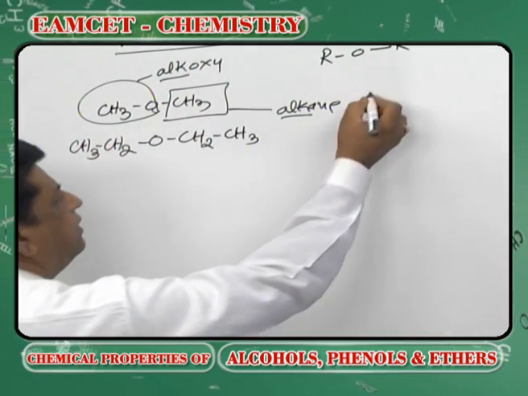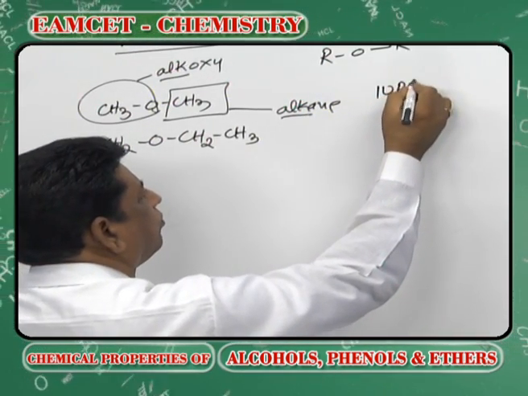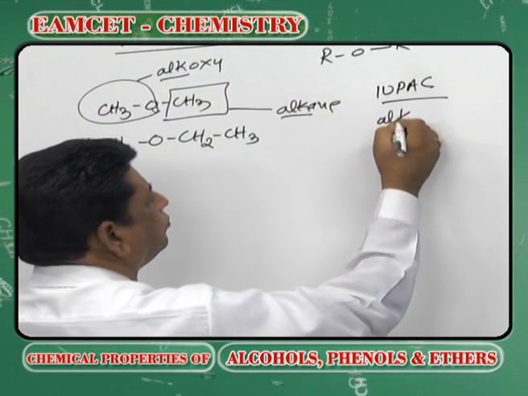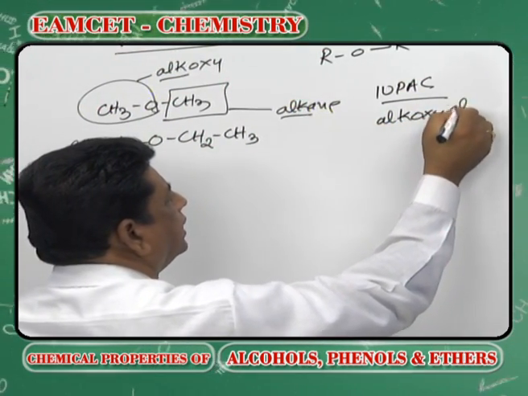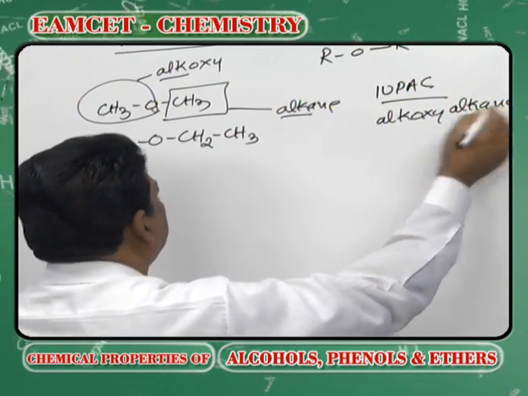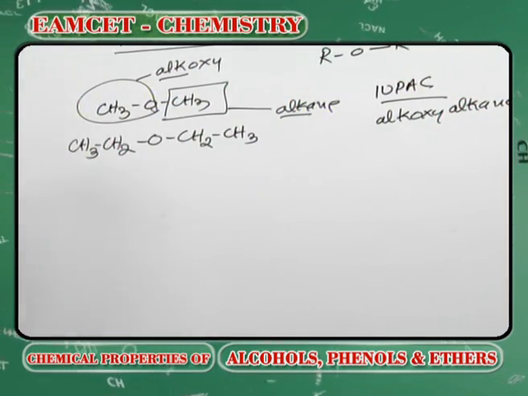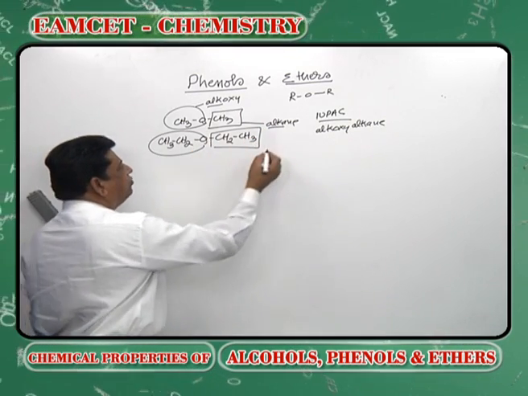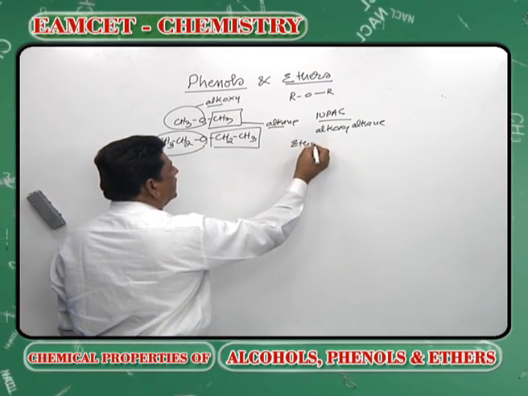So what is the IUPAC name of this compound? Alkoxy-containing alkane. Now apply that nomenclature to this one. This is ethane, so this is called ethoxy. Therefore it is called ethoxyethane.